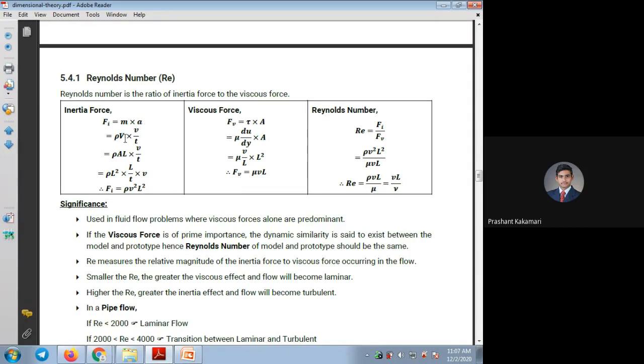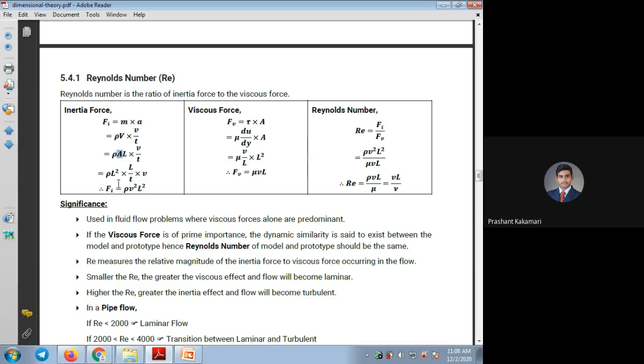Now substituting the volume as area into length, assuming the body has linear dimensions, not diametrical dimensions, I can write it as rho A L into V by T. The area I substitute as L square, taking the area from linear quantities, length into breadth, for a square body.